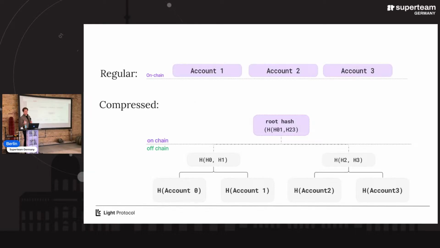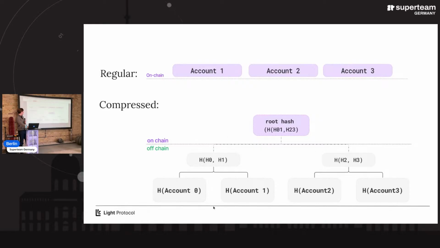And because these were a lot of words, this is sort of how you can think of it visually. We have the normal, regular on-chain accounts. You have one token, one token, one token, one account, one account, one account. And if you would compress it, it's in this data structure.